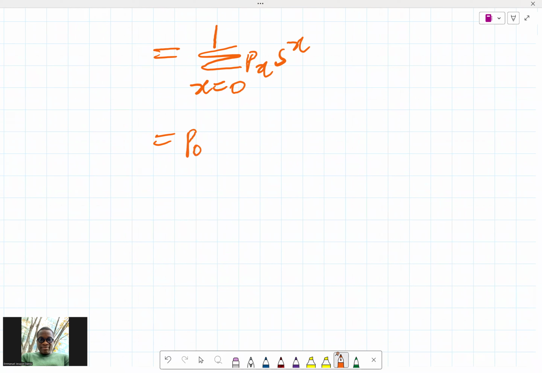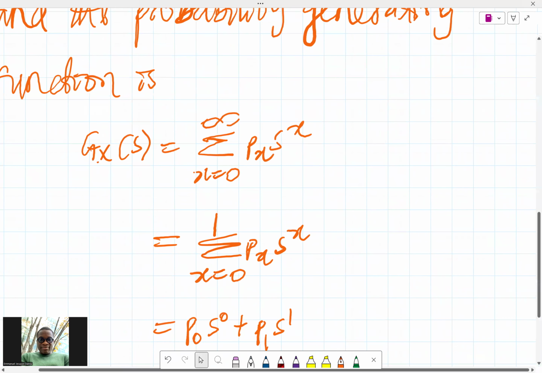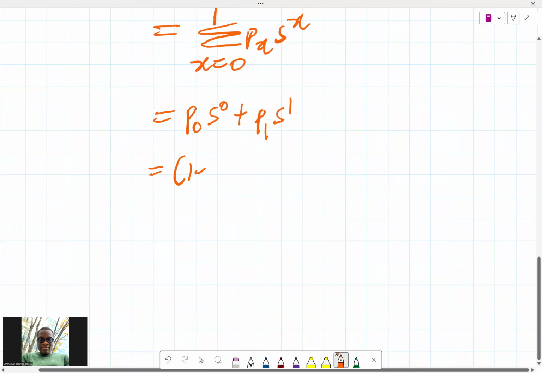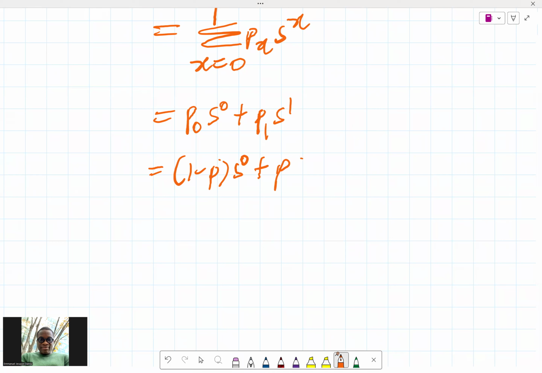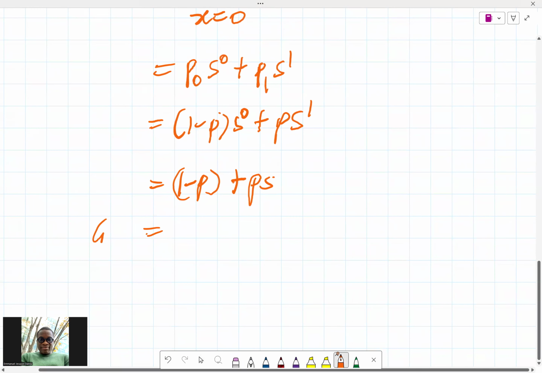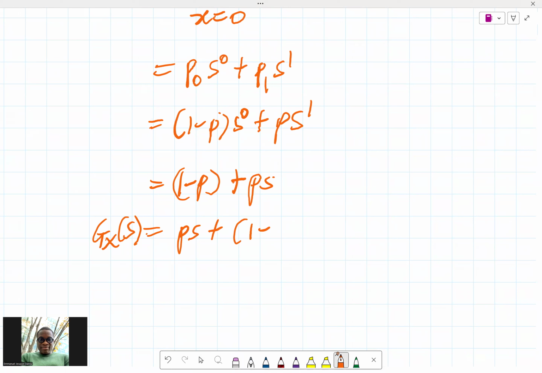So we have p_0 s^0 plus p_1 s^1. p_0 is the value when X is 0, so that's 1 minus p, times s^0, plus p_1, which is small p, times s^1. So it means we have 1 minus p plus ps. We can leave it this way, or we can say G_X(s) in this case is simply ps plus 1 minus p.